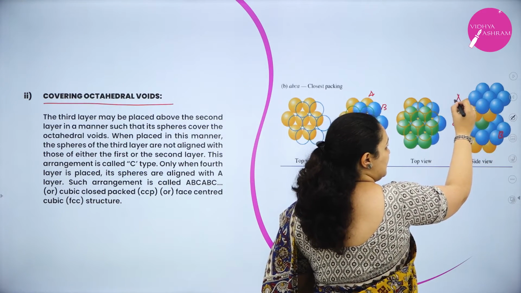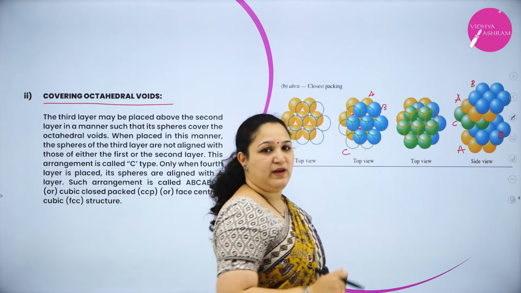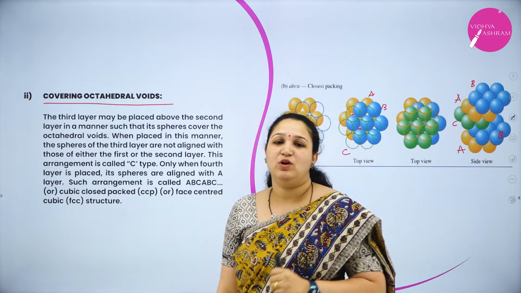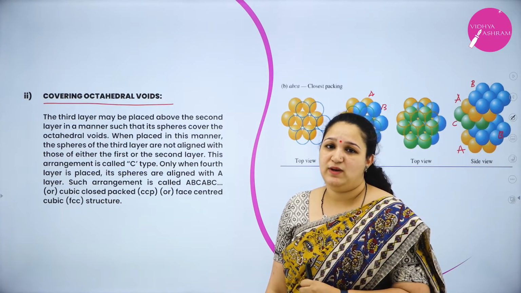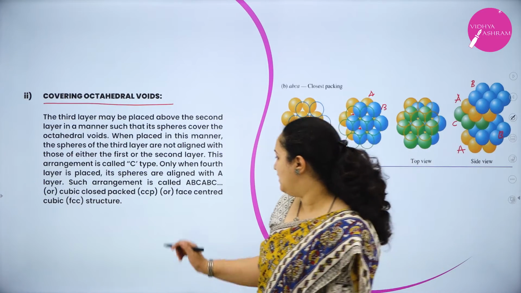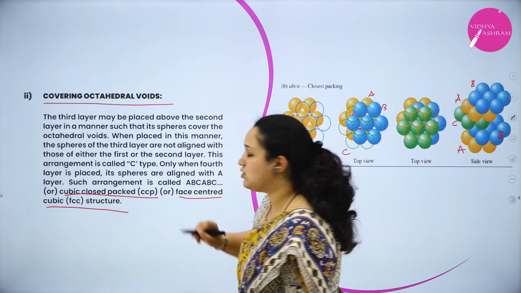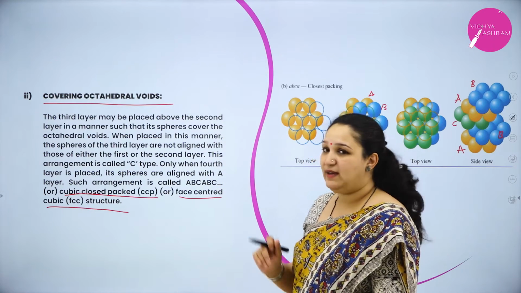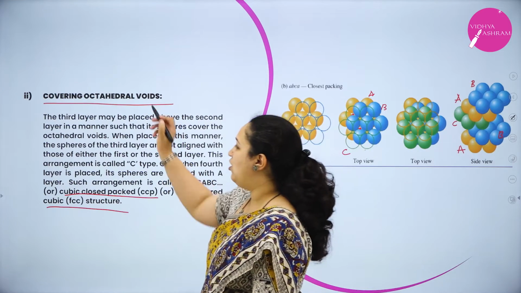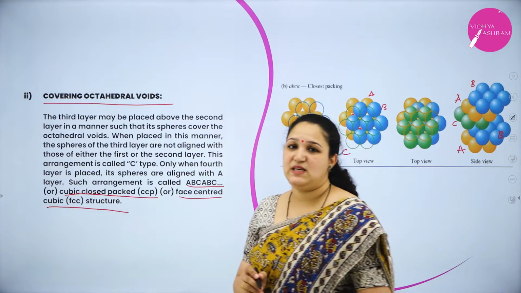So again I name this as A, this will become B. One more layer if you keep, it will become C. This is how you are going to get an FCC unit cell. You can see here FCC or cubic close packing, CCP unit cell also you can get by covering the octahedral voids.